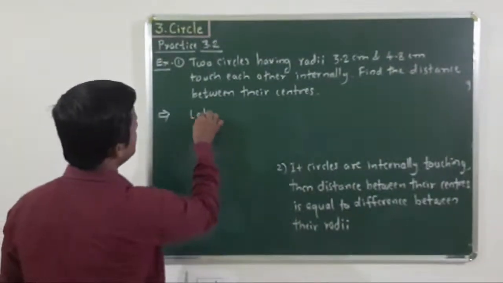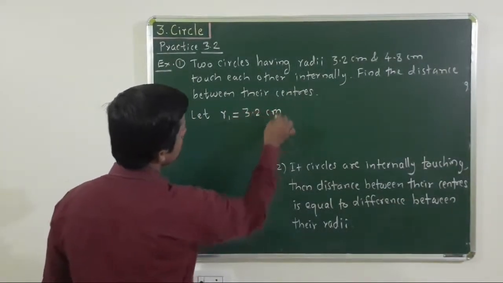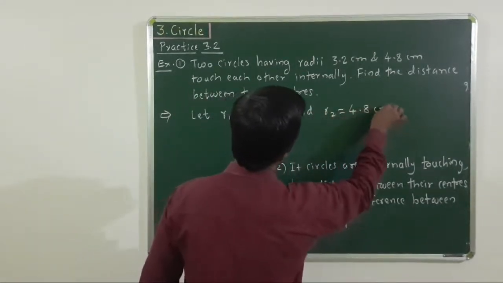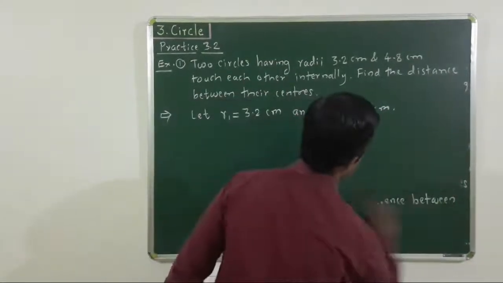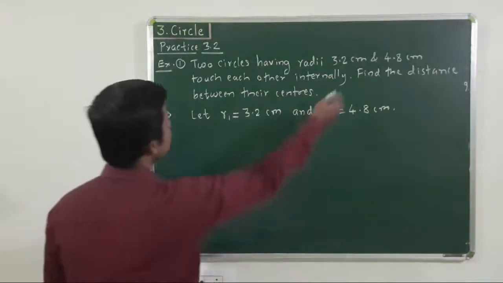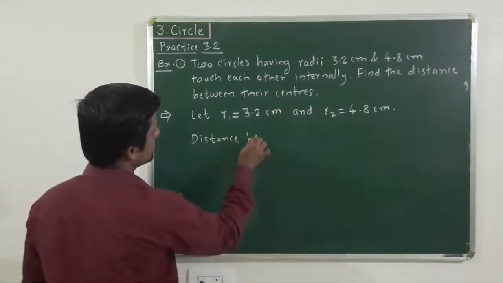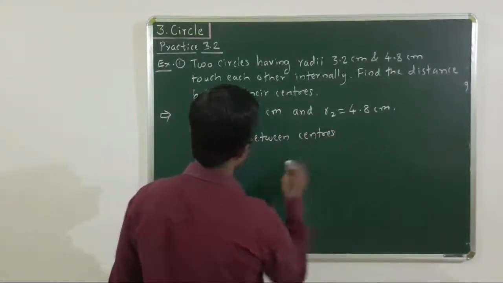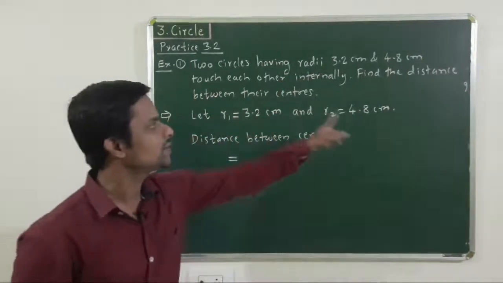Let R1 is equal to 3.2 centimeter and R2 is equal to 4.8 centimeter. Now directly we will write the distance between their centers is equal to, since these two are internally touching circles, we will find the difference between their radii.